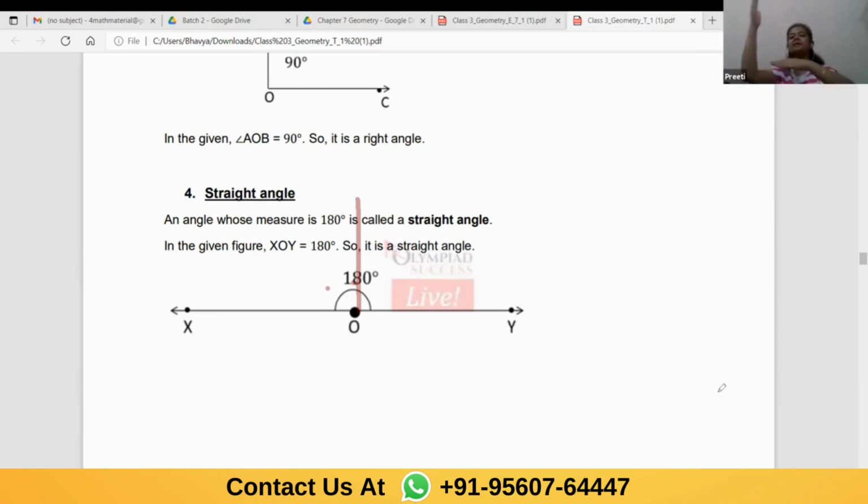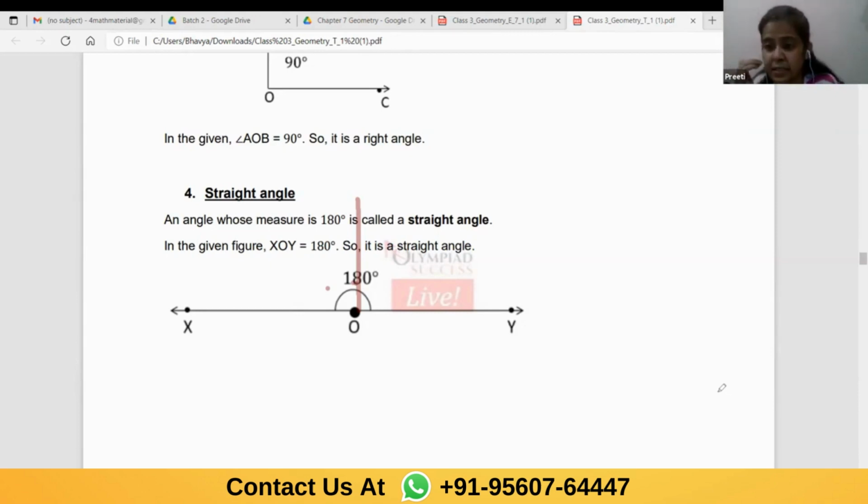No, a right angle is exactly 90 degree and an acute angle is more than 0 but less than 90. So this is 0 degree. More than 0, less than 90 is acute. Exactly 90 is right angle. More than 90 and less than 180 is obtuse. And exactly 180 is straight.